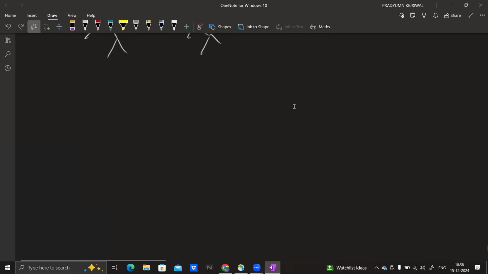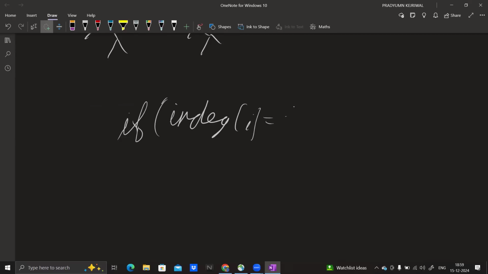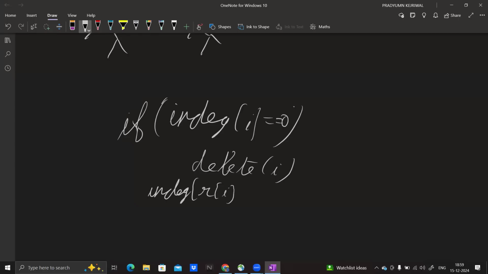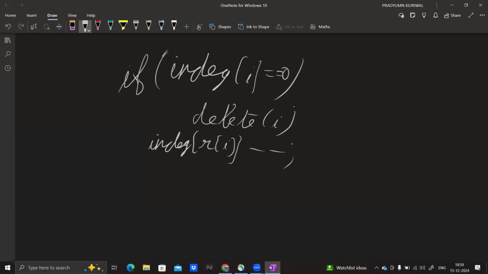So what we are doing is just simply like Kahn's algorithm: if in degree of I is equal to 0, then we will just delete that I. And while deleting that I, we will also reduce the in degree of its child, like R of I, we will do in degree of R of I minus minus, and then we'll check whether its in degree is 0 or not.